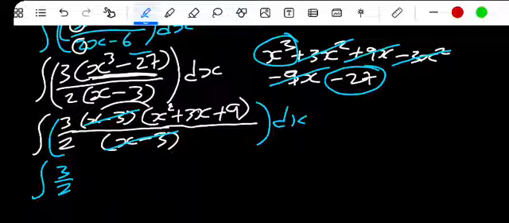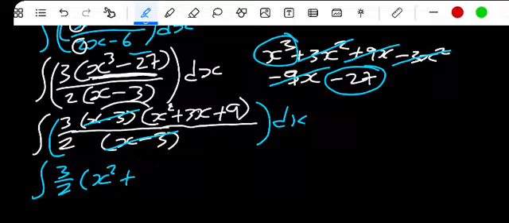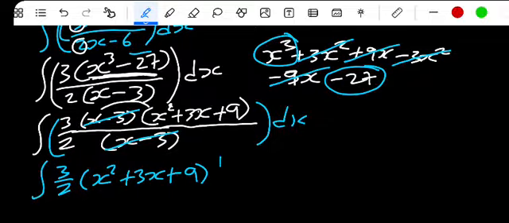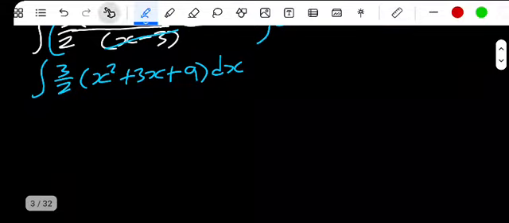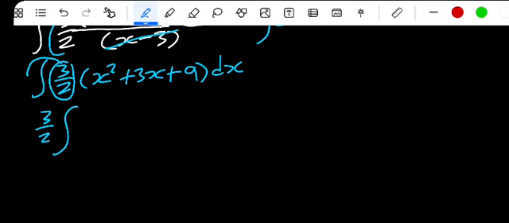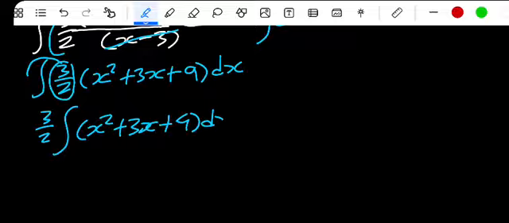It's the same as multiplying by x squared plus 3x plus 9 dx. So this is what you have there. This is simply a constant. Anyway, we can take this outside of the integral. Those are constants. We can take them outside of the integral.